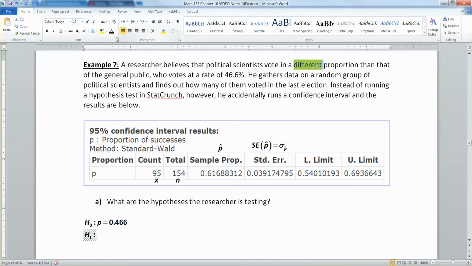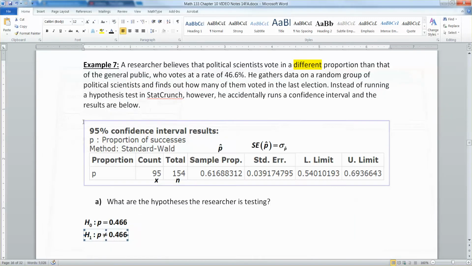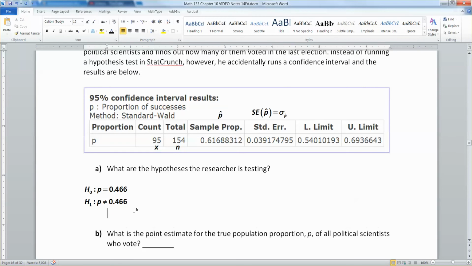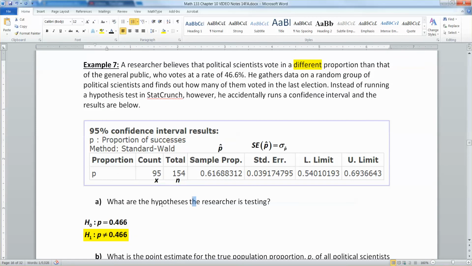See it right there? By using the word different, that means we're going to go with a not equal to right here. So I don't know if they vote more because they really love politics or they vote less because they're jaded. Who knows? But one way or another, he thinks that they are different, and that's where this comes from. That word different gives us that not equal to.